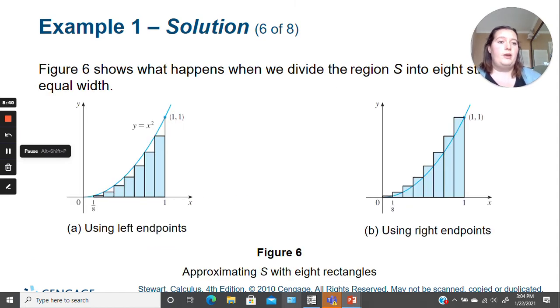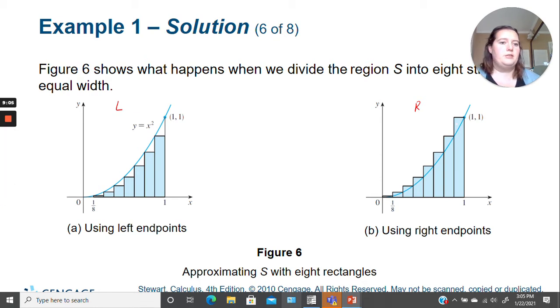To get an even better estimate, I could just keep dividing that interval into more and more rectangles. So instead of just having 4 rectangles, what happens if we have more than that? What happens if we have 8 rectangles? Here is my right-hand approximation. Over here I have my left-hand approximation.